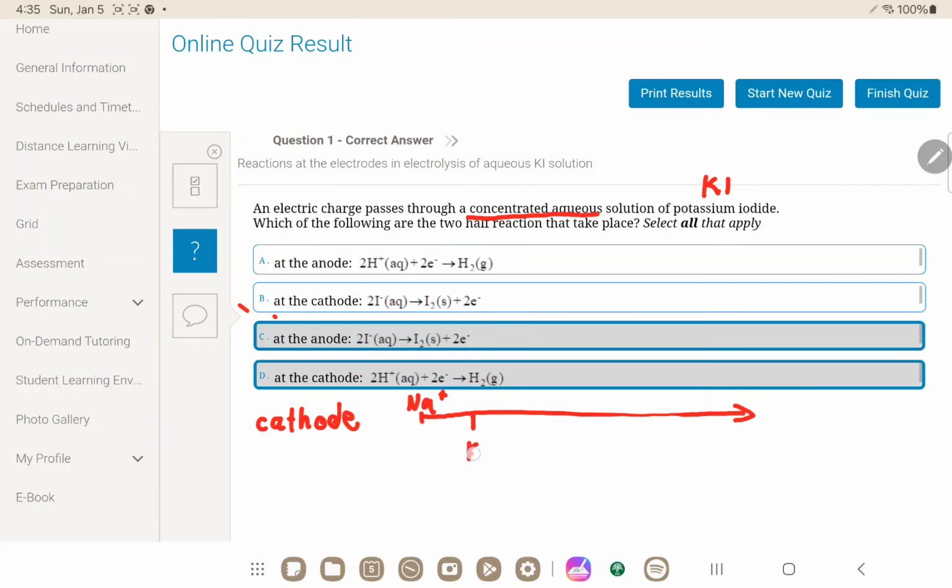Then we have K+, then Mg2+, then H+, then Cu2+, and then Ag+. This is in increasing tendency to get reduced.